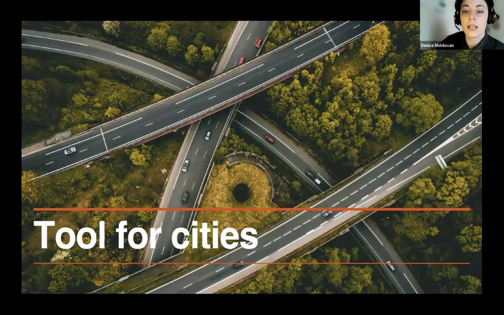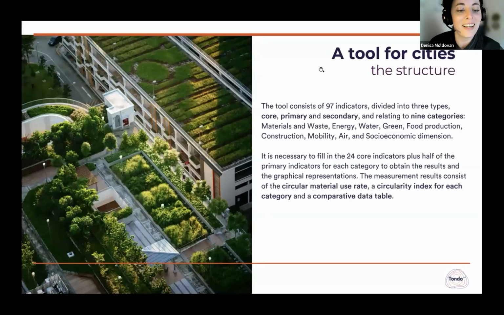I think, okay, the last tool is the tool for cities. Just 2 words. The tool consists of 97 indicators, and these indicators are divided into core, primary, and secondary across 9 key categories.